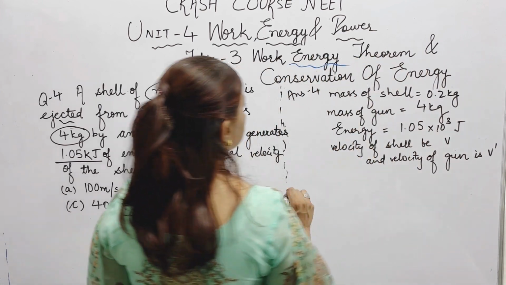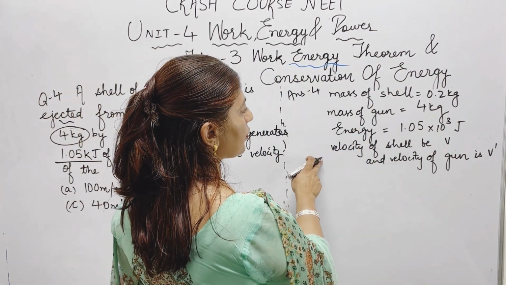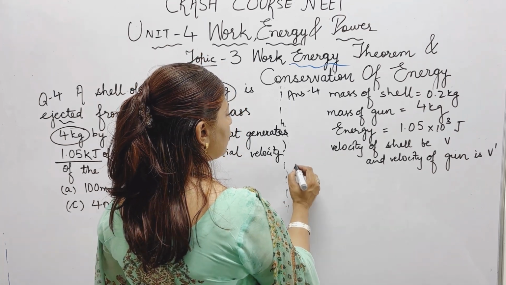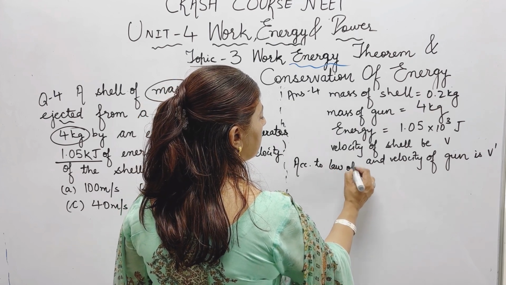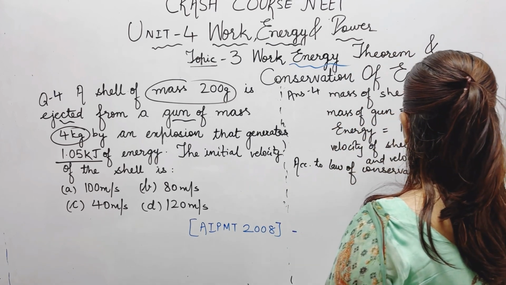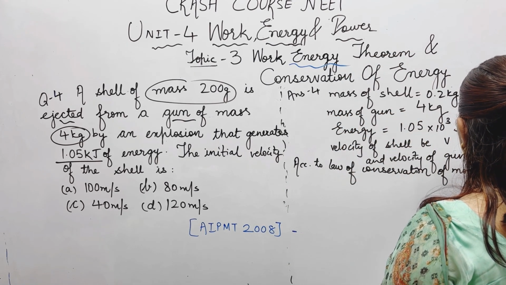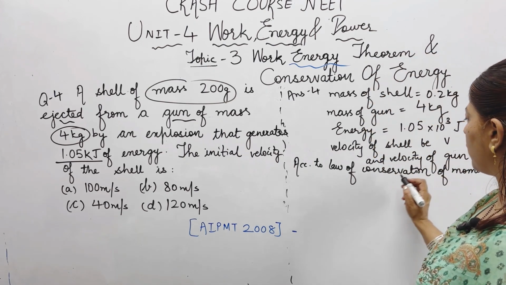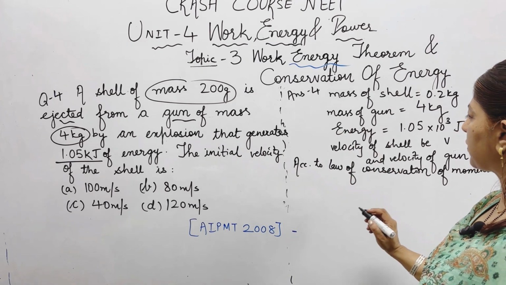Now we will apply the law of conservation of momentum as well as energy, because here we need to find the velocity of shell. So according to the law of conservation of momentum, the momentum before the explosion and after the explosion should be the same.